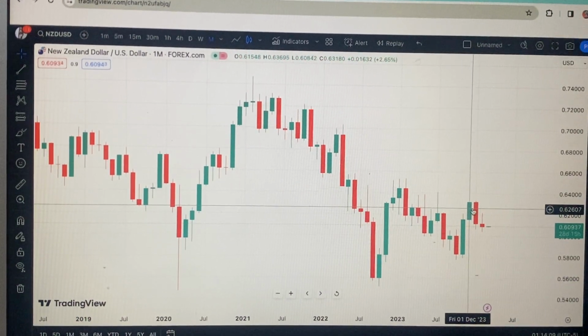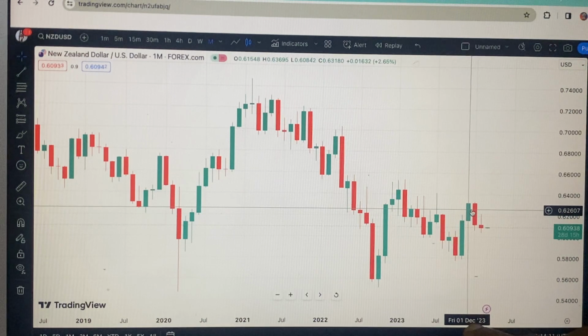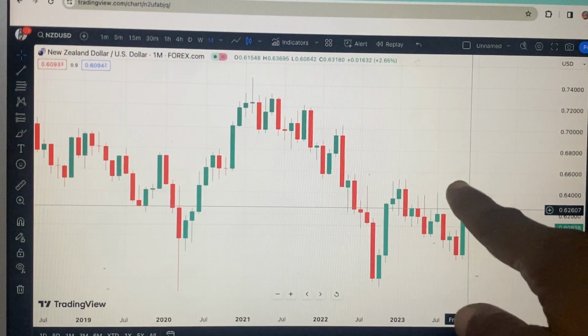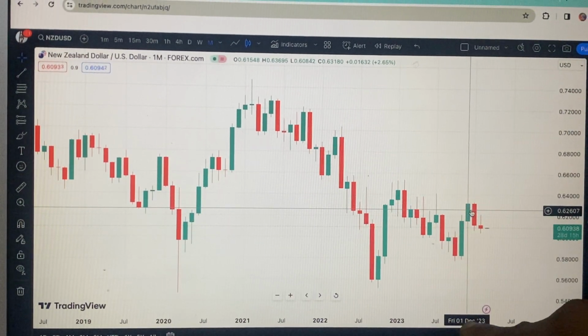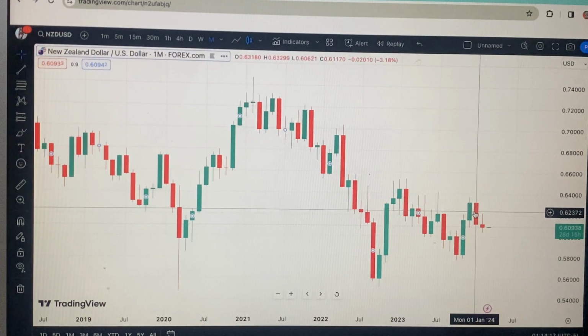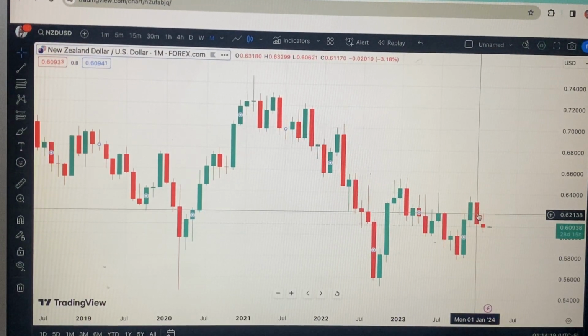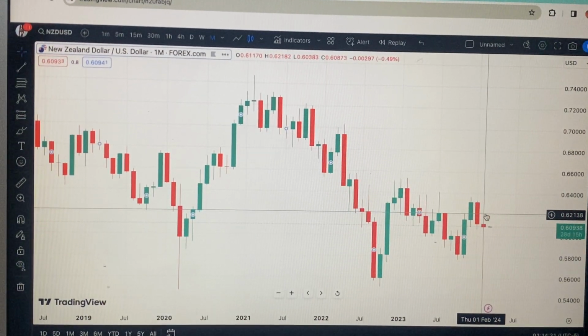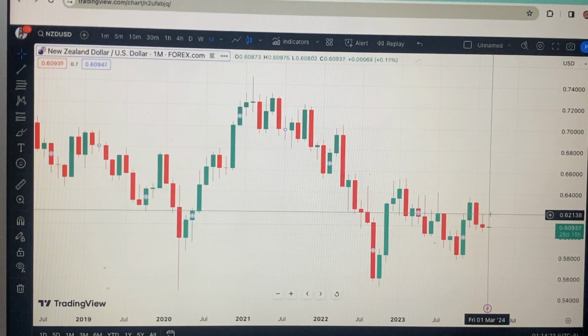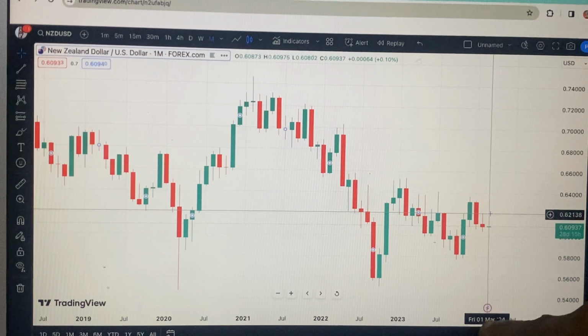This candle was December, it started and ended in December. This one is January, this one is February, and we are having a new candle here for the month of March. So 1st of March, Friday the 1st, you see the time.